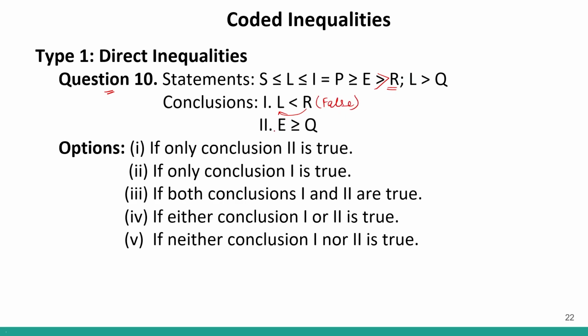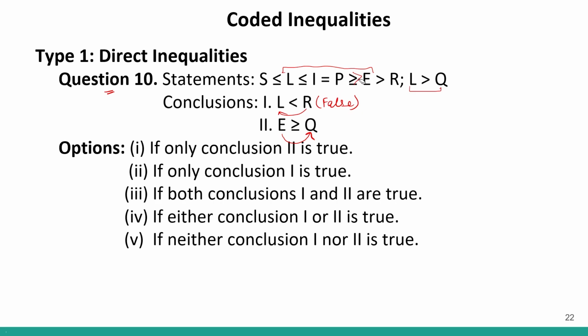Now I see conclusion 2, E is greater than equal to Q. So I will move from E to Q, correct? Over here, if I move from E to Q, I can see the relationship between Q is only with L. So I have to find the relationship between E and L. But I cannot move further in this direction because we have a smaller door, correct?